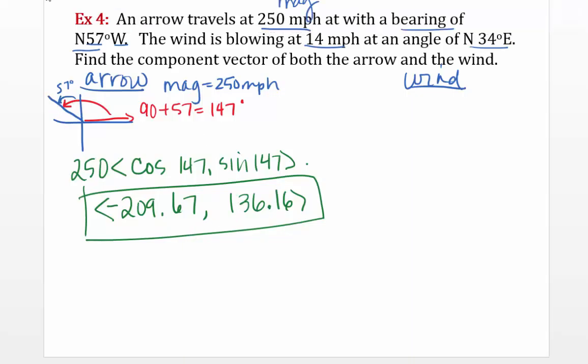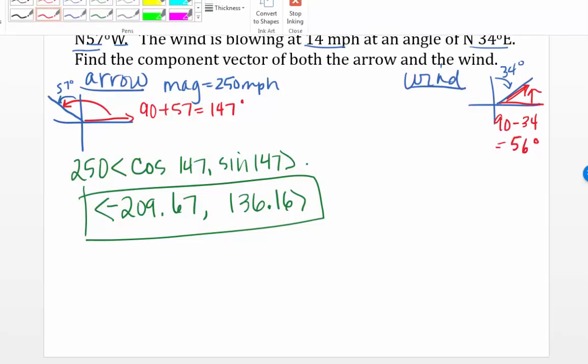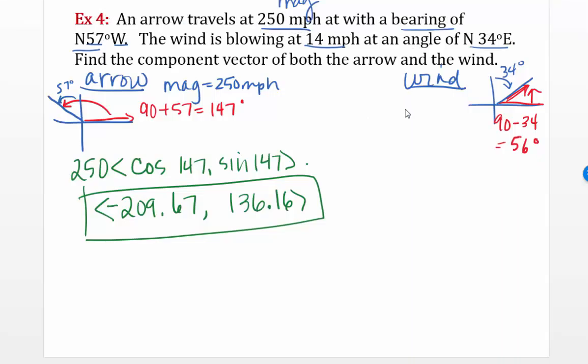Now let's go back to the wind. With the wind, we are in the northeast quadrant, over here, so this angle is 34 degrees. So I actually want this angle right here from the horizontal. So I'm going to take 90 and I'm going to subtract 34, and I will get 56 degrees. All right, so now I can then put this in my component form because I know it's 14 miles per hour, to read the question.